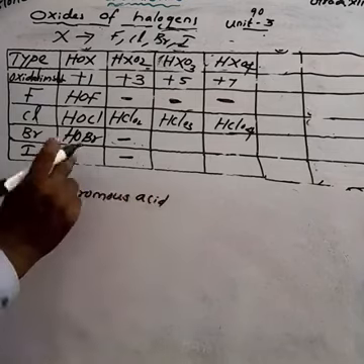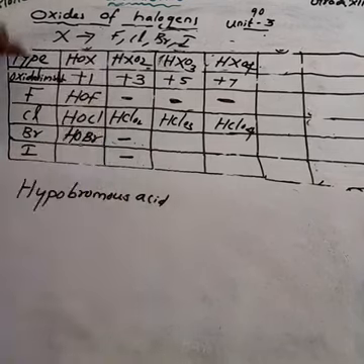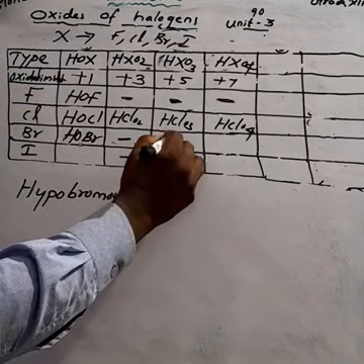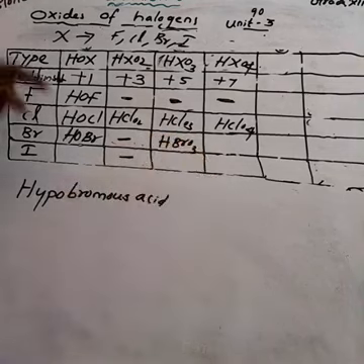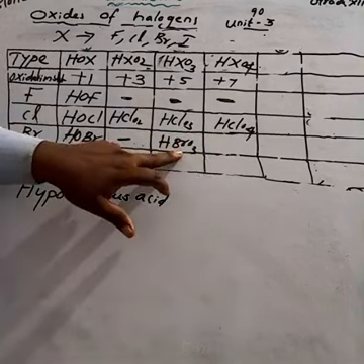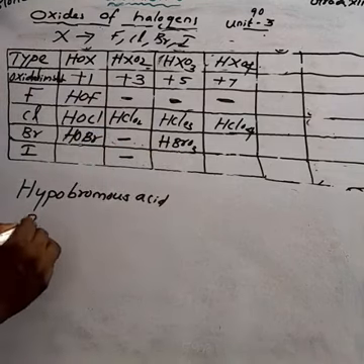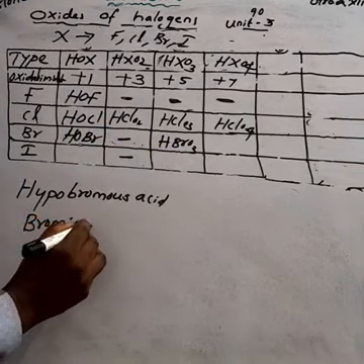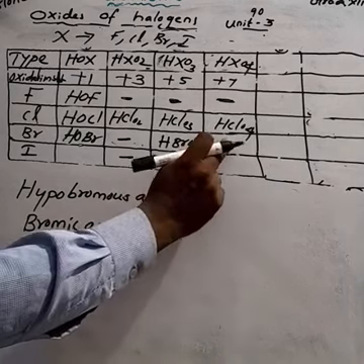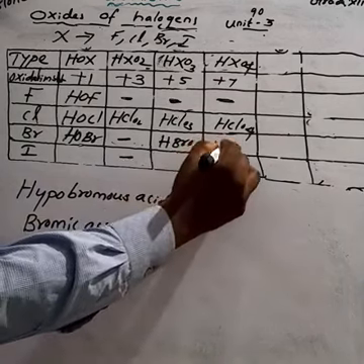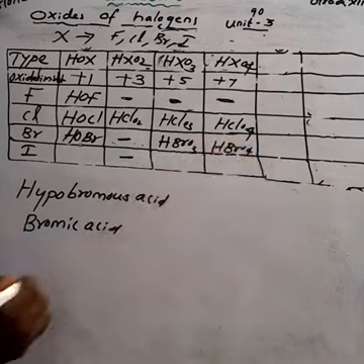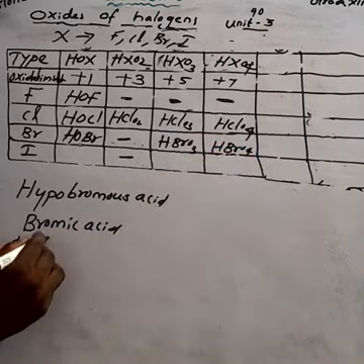Bromine cannot form HXO2. Bromine can form HXO3, that is HBrO3, bromic acid. The last one, HXO4 type, is HBrO4, perbromic acid.